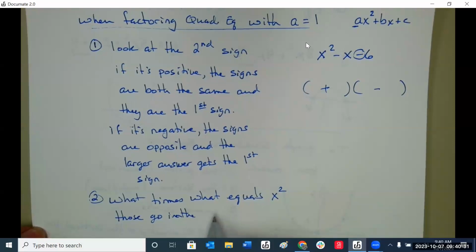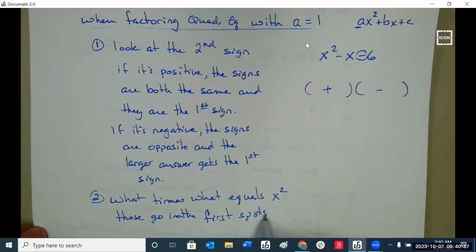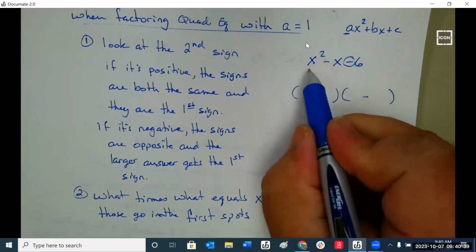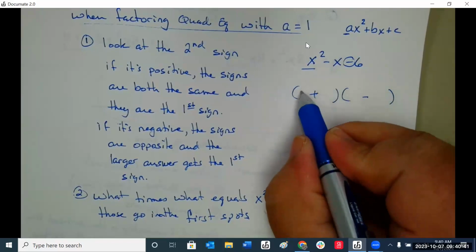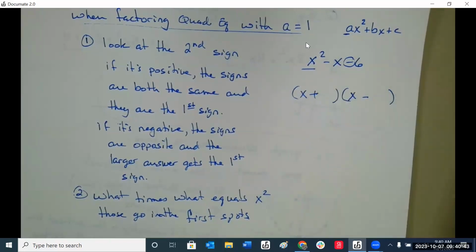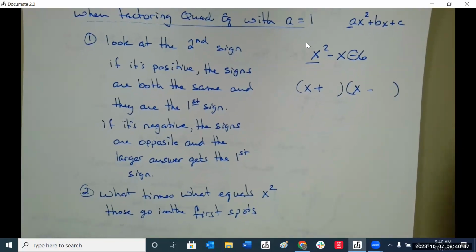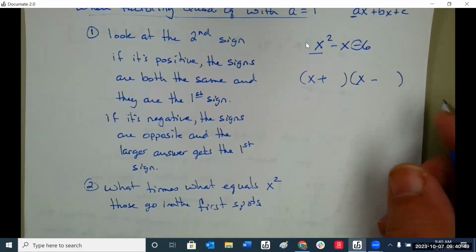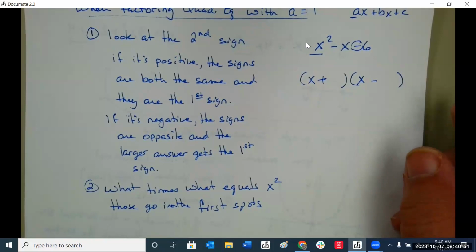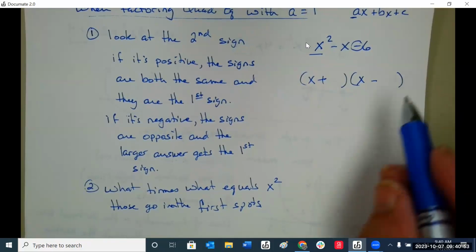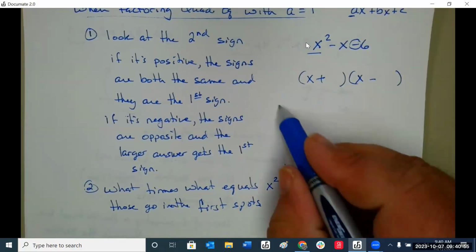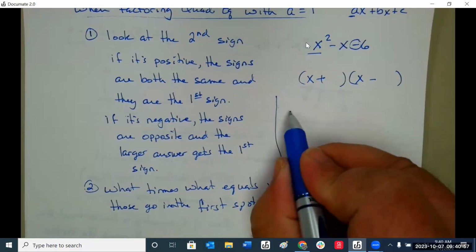Those go in the first spots. So what times what is x squared? X times x.